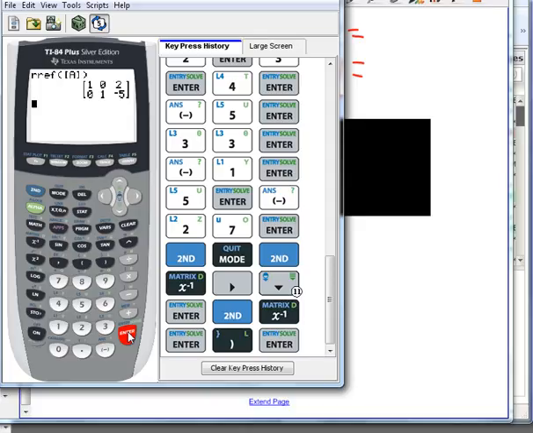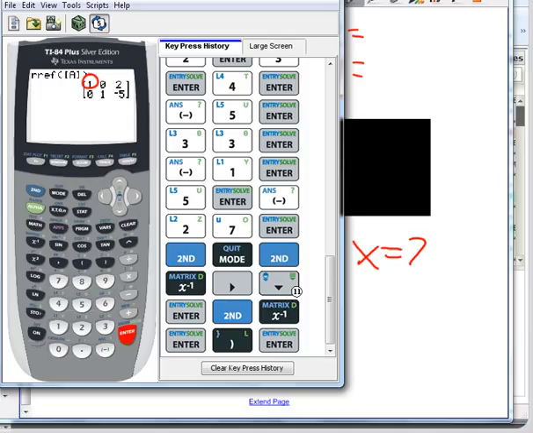Okay. So now what does this mean? Like, this doesn't mean anything unless we know how to interpret it. So, this part's important. This means 1x plus 0y equals 2. So 0y is really 0, so you get that x equals 2.